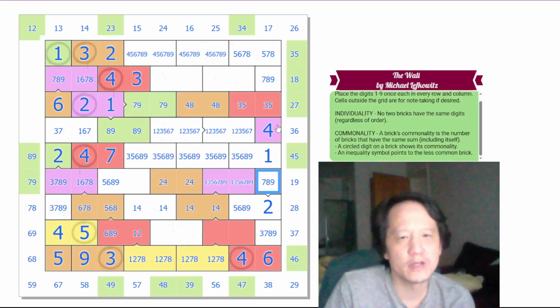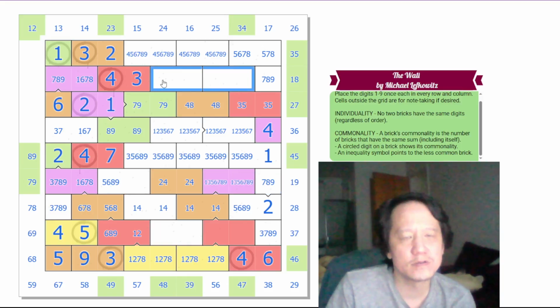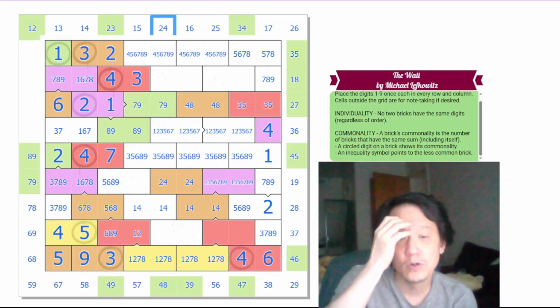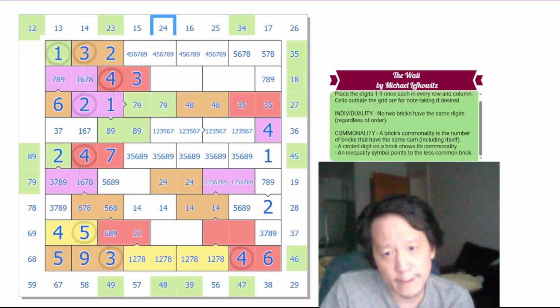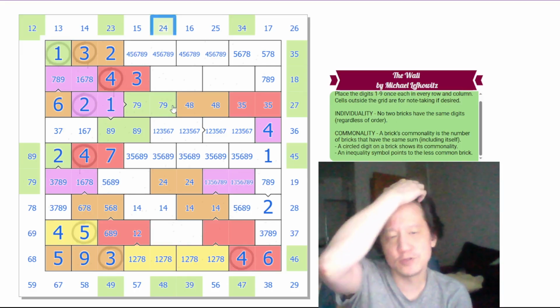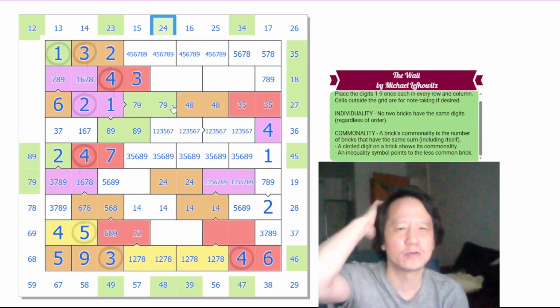Okay, remaining of... So 2 and 4 is here, so this is taken; we guaranteed that one has to be 2, 4. Okay, we have 2, 3, 2, 4, 1, 2 already accounted for.